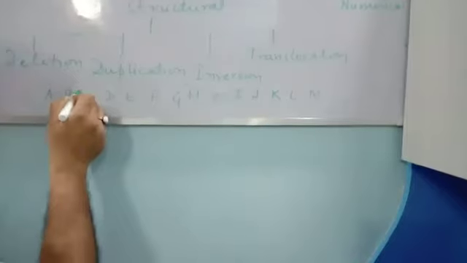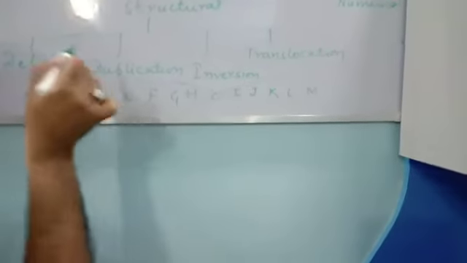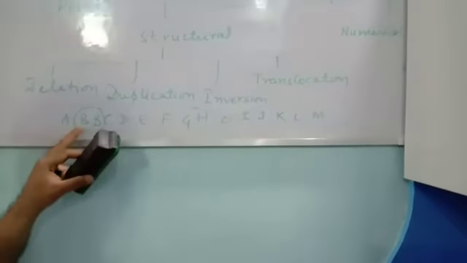If there is deletion, it means that one part may be deleted. Suppose this gene is deleted, so it is A, B, D, E, F, G, H. If there is duplication, it means that suppose it is A, B, B, C, D, E. So this is basically the duplication. You can see that.